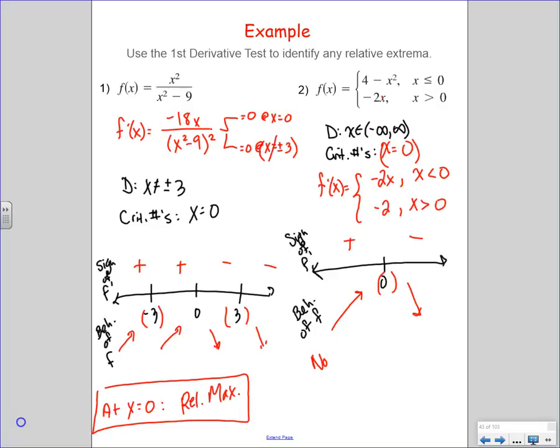But the problem is, do you remember what our graph looked like? It was like this, and it was like this. Can I take a region around that point where it's the highest on both sides? No. It's not continuous, so I'm going to say no relative extrema. So whenever it's not continuous, there can't be a relative extrema?